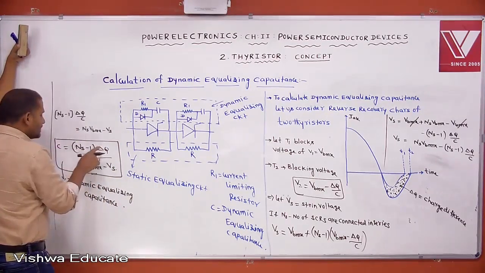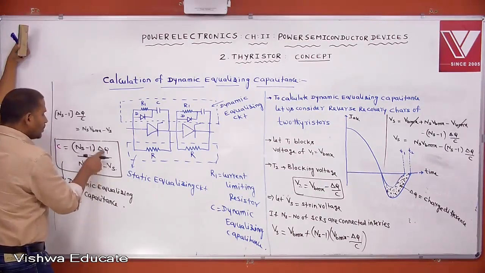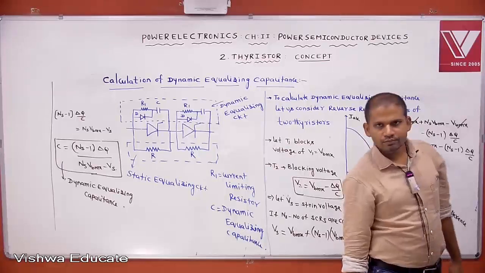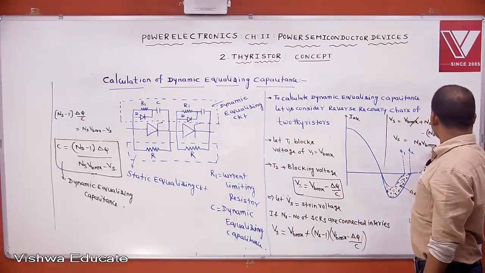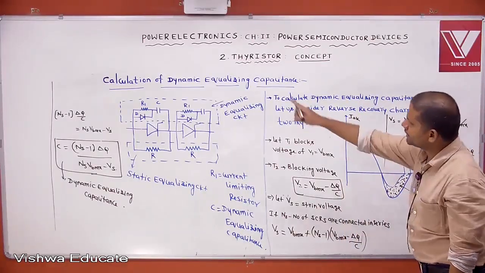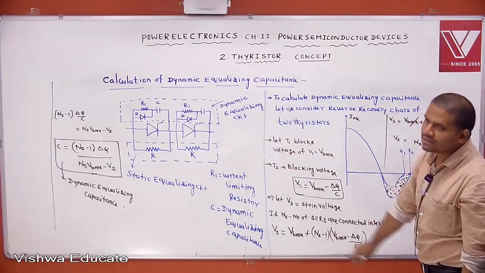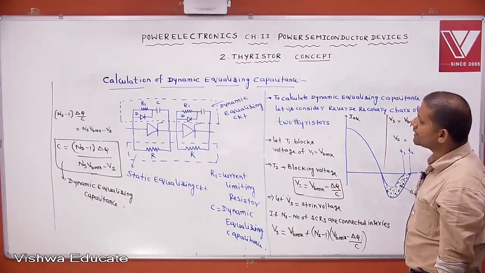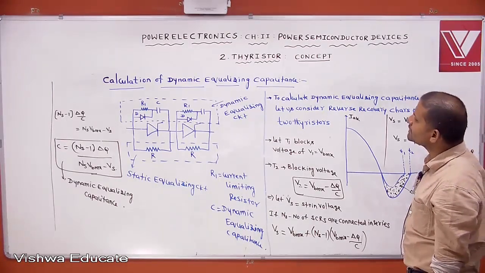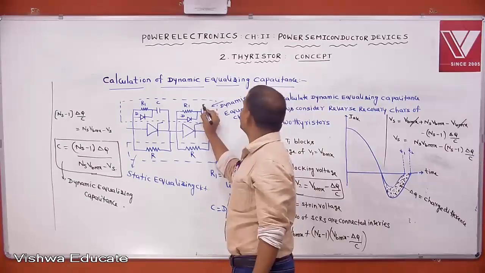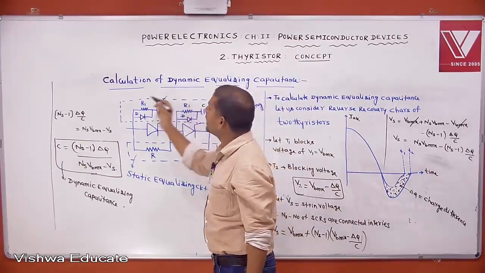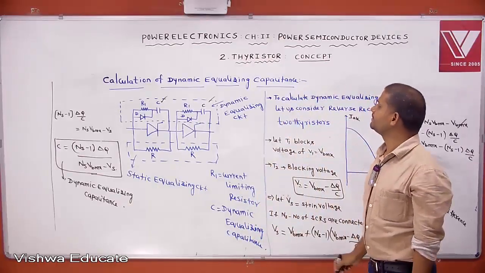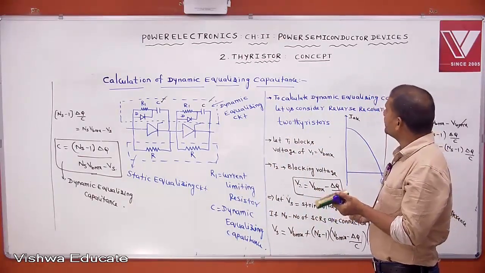You remember the formula C equals Q by V. From this equation, I wrote those two steps, and then I get C equals Ns minus 1 into delta Q by Ns into VBMX minus Vs. This is the dynamic equalizing capacitance we can connect in order to equalize the dynamic characteristics.